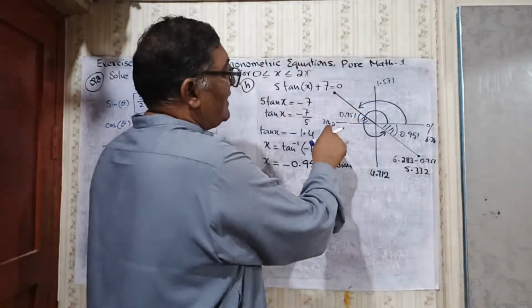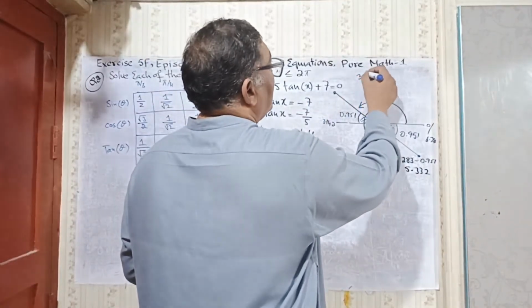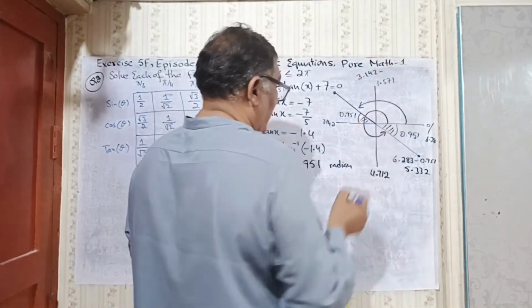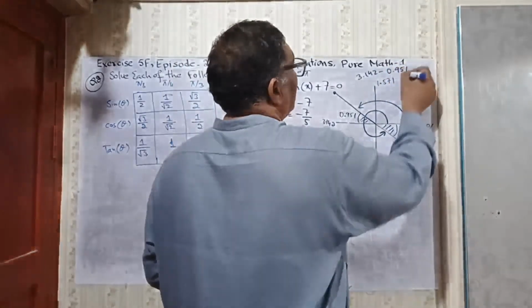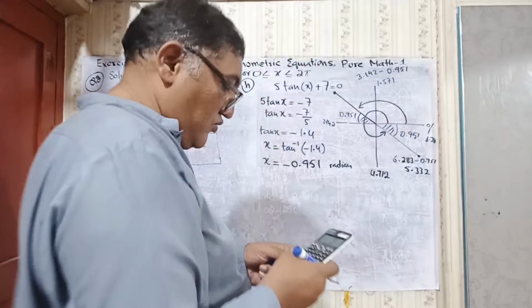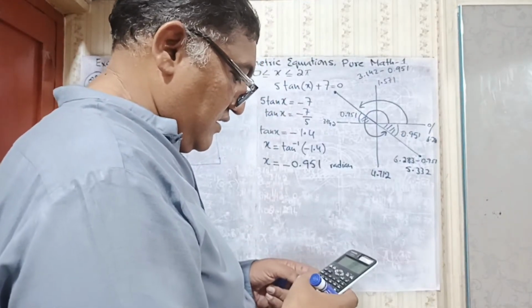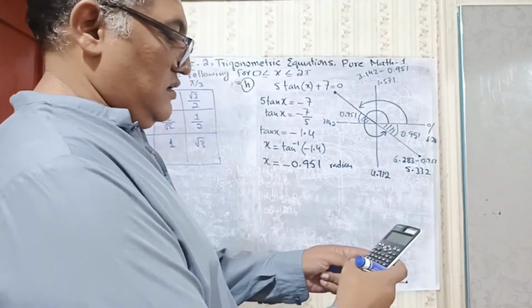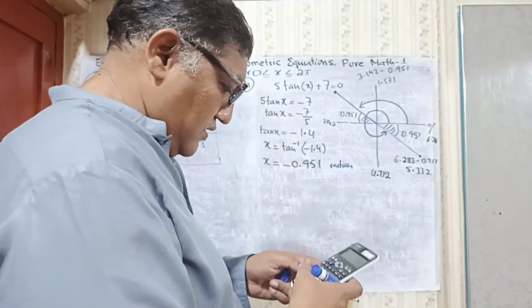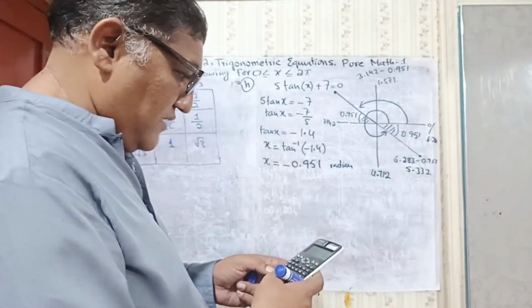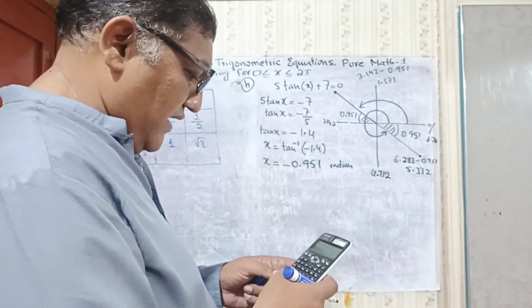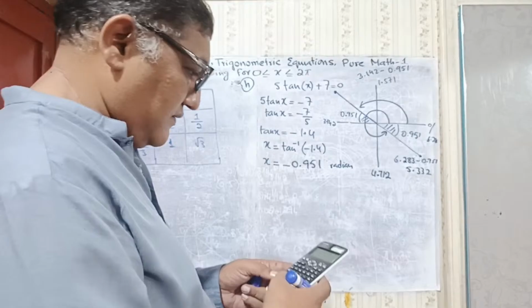How much will this angle be? It will be 3.142 minus the base angle, which is 0.951.